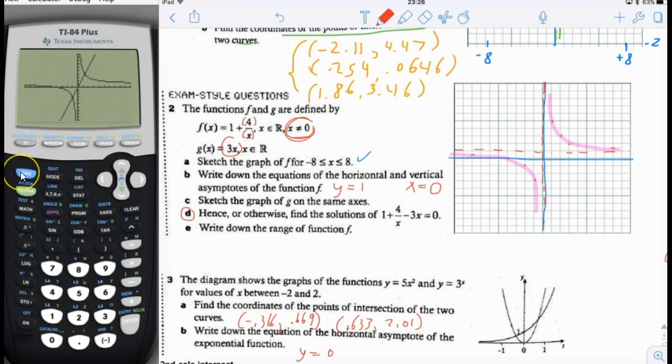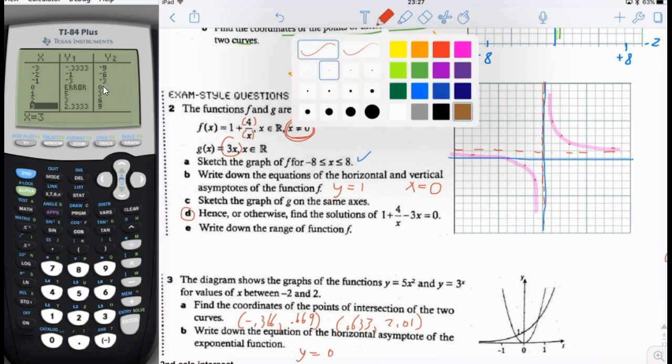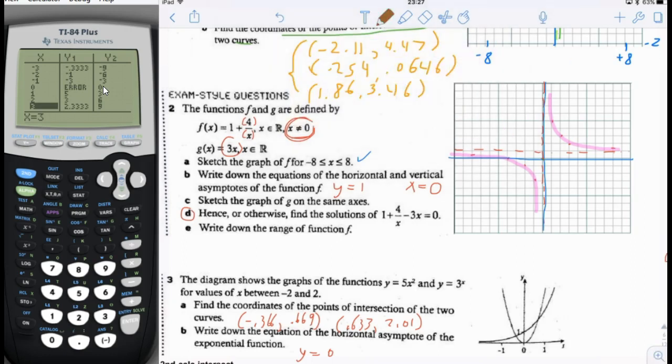The second function is going to be under y2. So we're going to go to y2, and we can see that all the values for y2 are also here, and we can use a few of those points to graph it. Let's look at that, it goes through 0, 0, for example. I'm going to graph it in brown. There's 0, 0. What other points does it go through? How about this one, 3, 9?